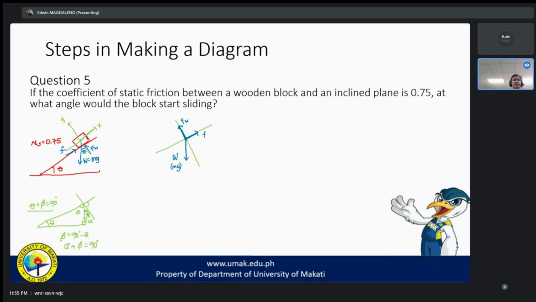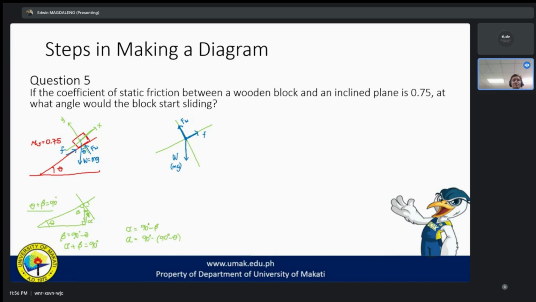So if alpha plus beta is equal to 90 degrees, alpha should be equal to 90 degrees minus beta. So beta is 90 minus theta, so alpha should be 90 degrees minus 90 degrees minus theta.